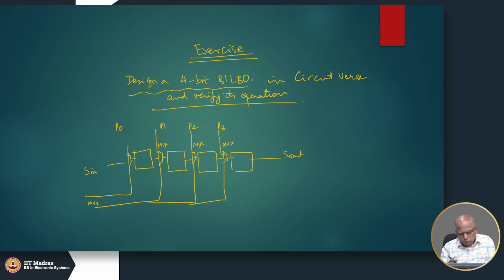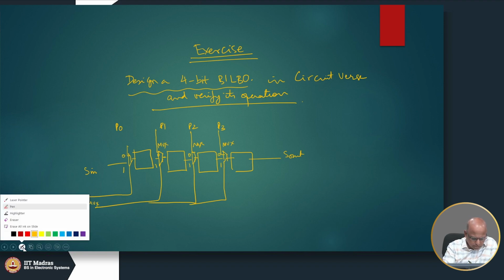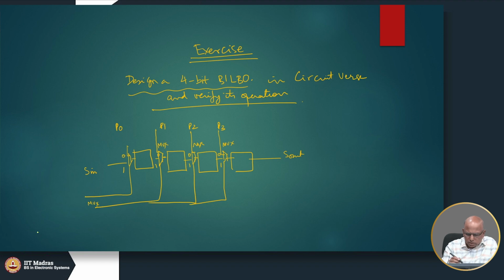So this is a 2 to 1 mux. Okay, it has two ports. Let us say 0 and 1. So if you set the mux control to 0, then this path will be activated. So it will act as a parallel in, parallel out.